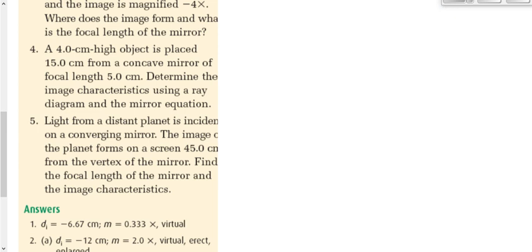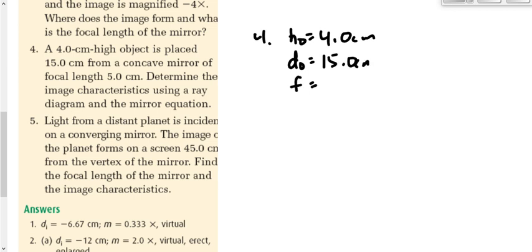I want to use the equation. It was 4 that we wanted to go over, right? Yeah. So ho is 4.0 centimeters, do is 15 centimeters, f is positive 5 centimeters.